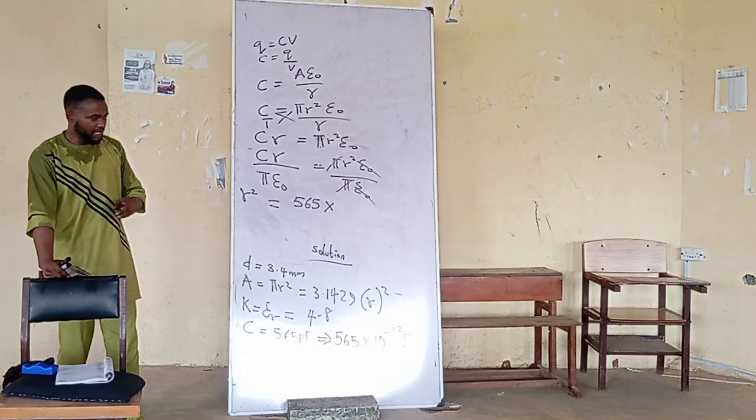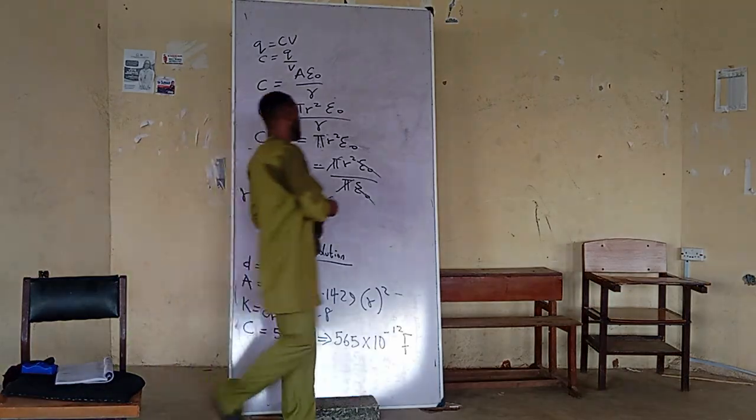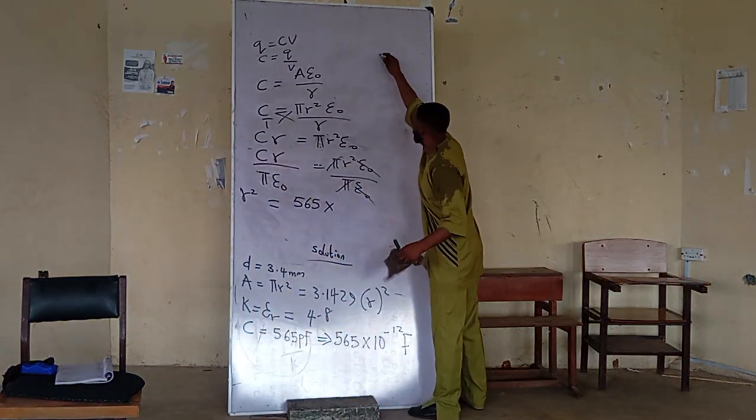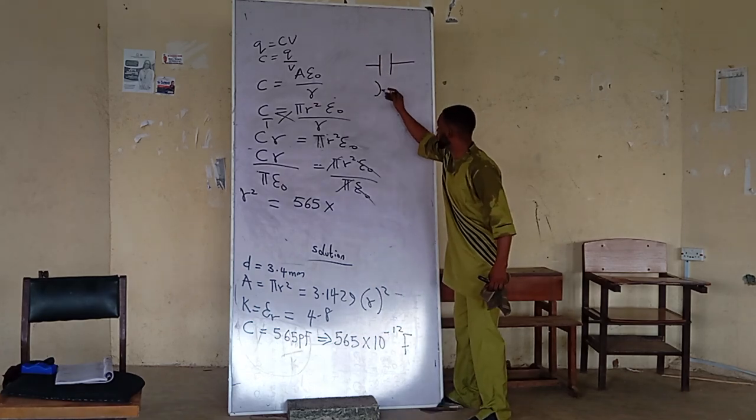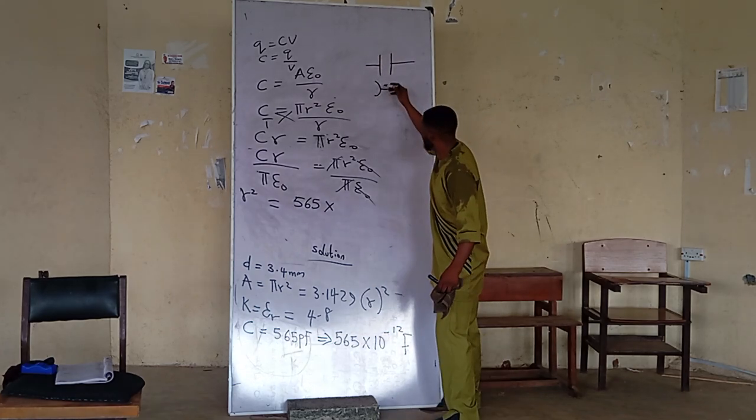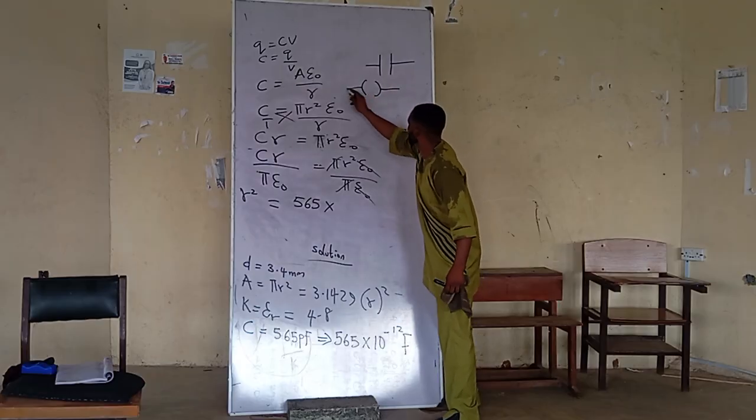See what that means. When they say circular, it means the capacitor looks like this. You can have a capacitor like this and another like this.